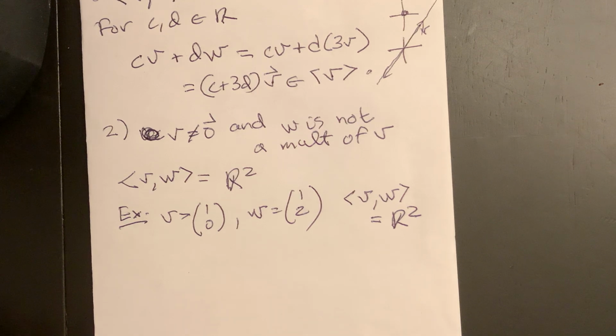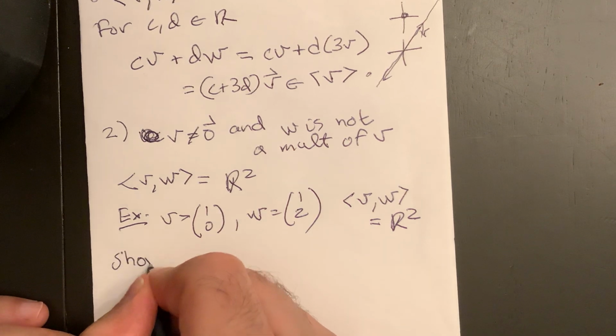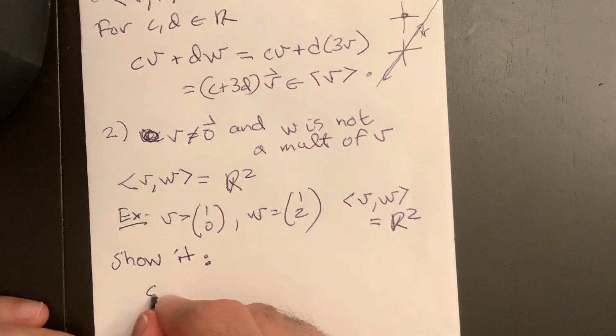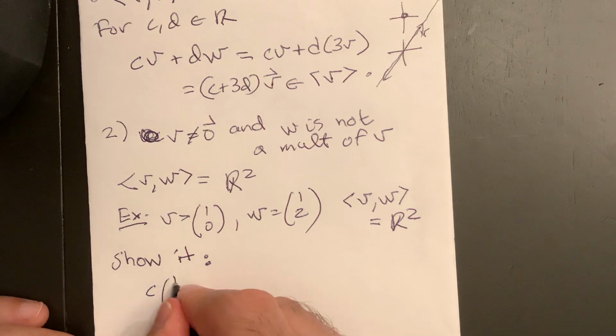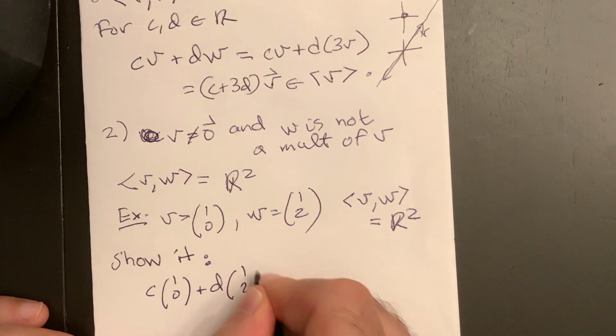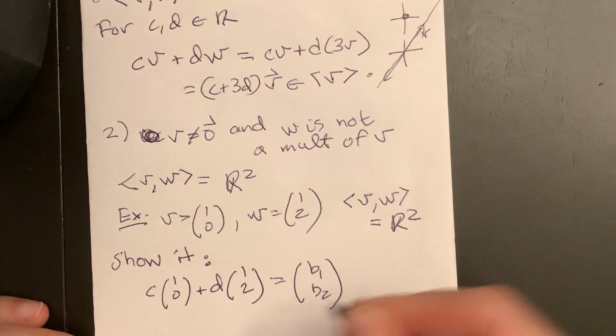So we'll just say cv plus dw equals (b1, b2). This is b.